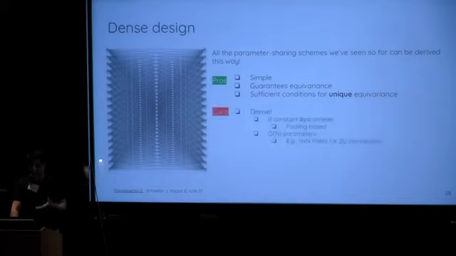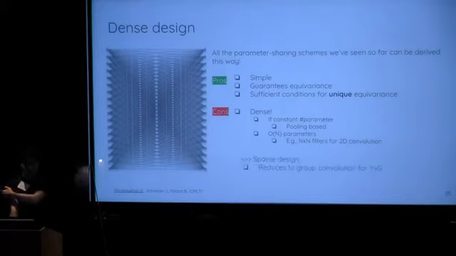So we also have another design procedure, called, surprisingly, a sparse procedure, that reduces to group convolution for a special case where the output of your network is the group itself.